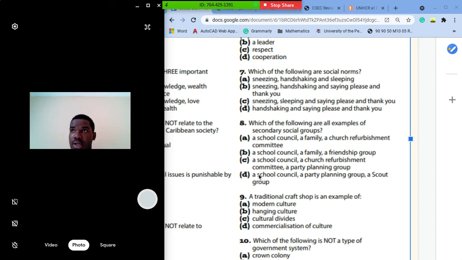Alright, question 9. A traditional craft shop is an example of A, a modern culture, B, a hanging culture, C, a culture divide, or D, commercialization of culture. This one goes to Talia. Does commercialization of culture mean showing your culture, like advertising it?